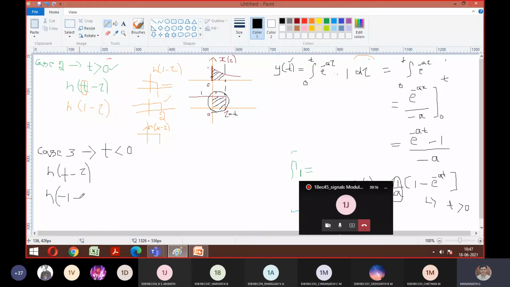You can advance it by minus 1. So if you advance it by minus 1, the waveform looks like this. Like this you can keep plotting for minus 1, minus 2, minus 3, and so on. So in general, if I plot, how does it look? Let me trace it here.